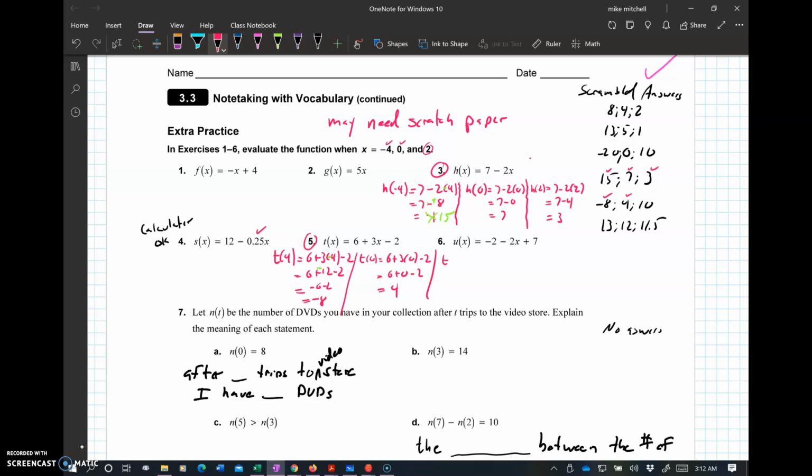So t of 2 equals 6 plus 3 times 2 minus 2. That's 6 plus 6 minus 2. That's 12 minus 2. That gives me 10. And you're going to do the same thing for 4 other problems here, 1, 2, 4, and 6.